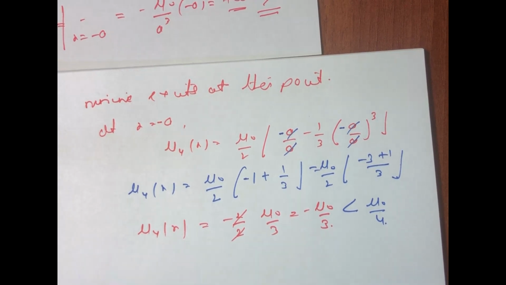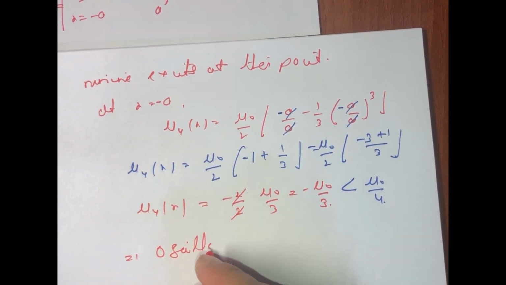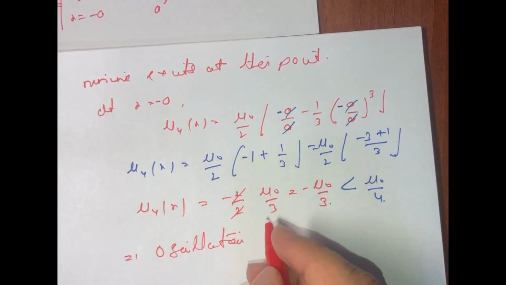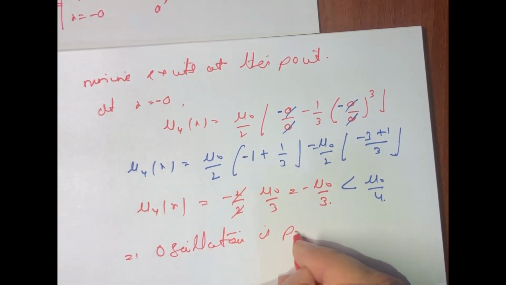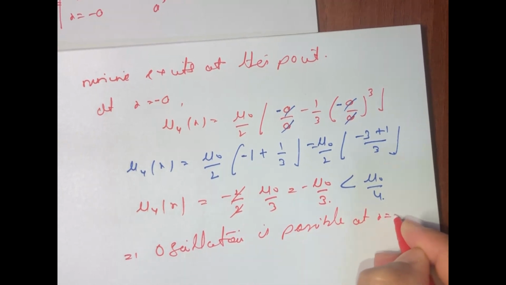Therefore, oscillation is possible at this point, at x is equal to minus of a.